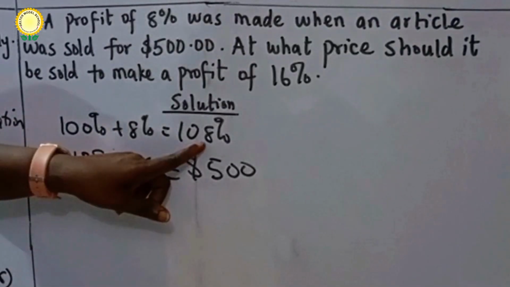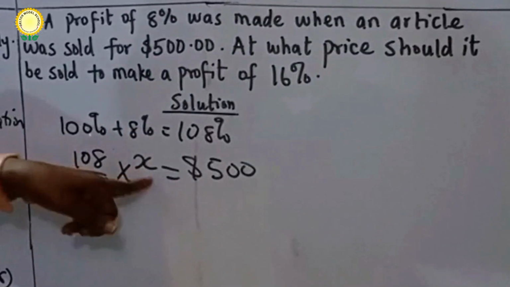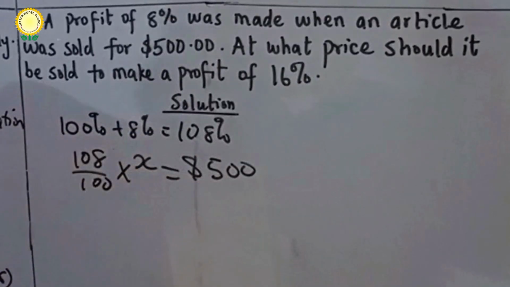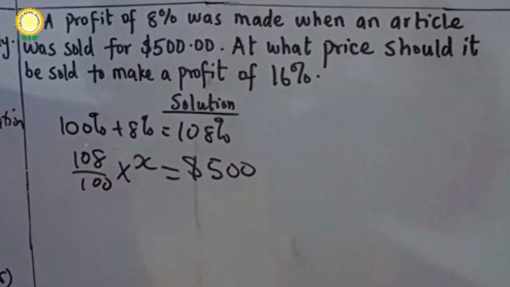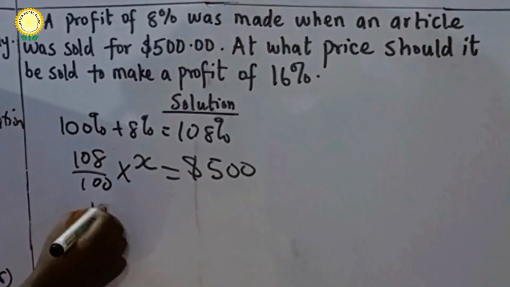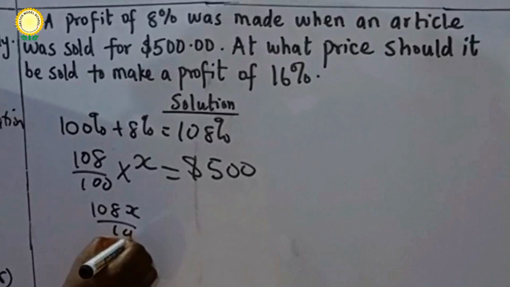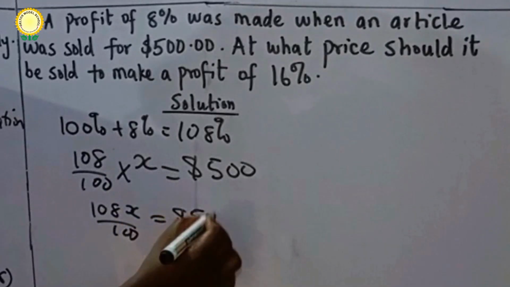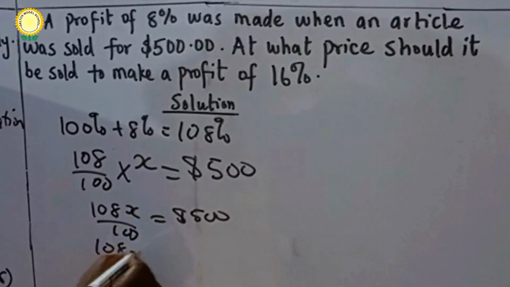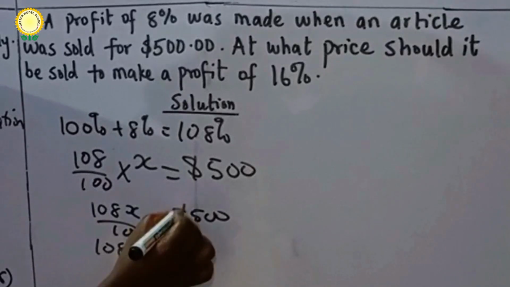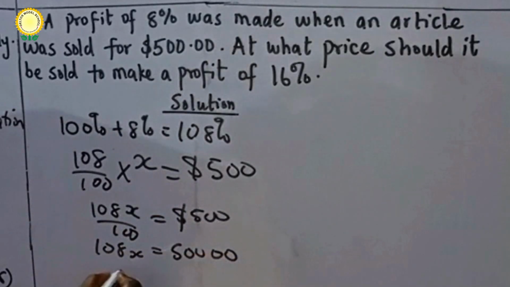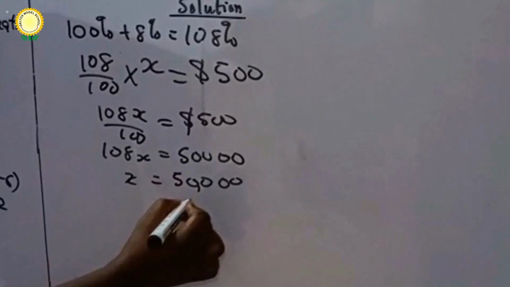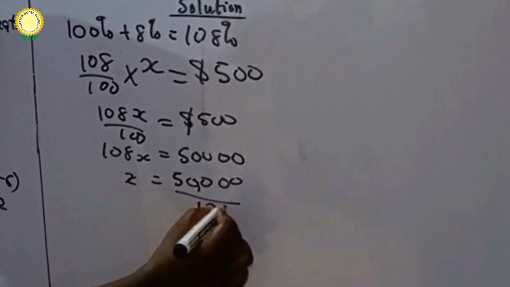So we have 108% times the cost price will give you the selling price, because this is the percentage for the selling price. So that will give us 108x over 100 equals 500. 108x equals 500 times 100. So x equals 500 times 100, which is 50,000 over 108.